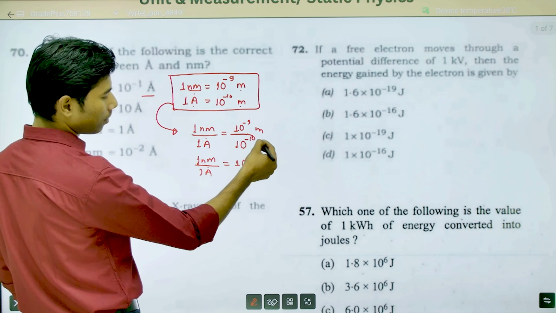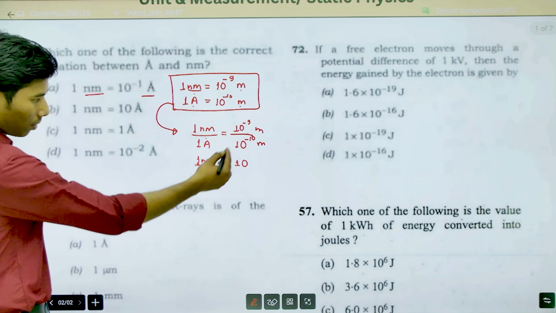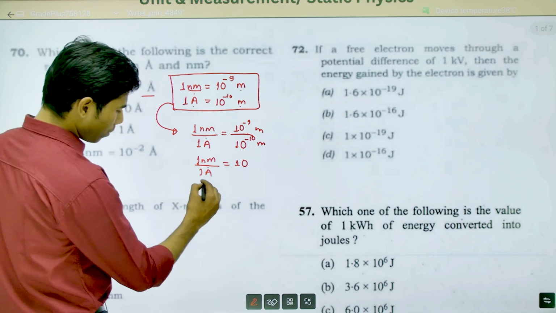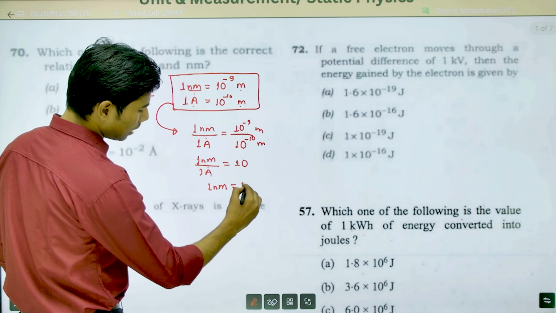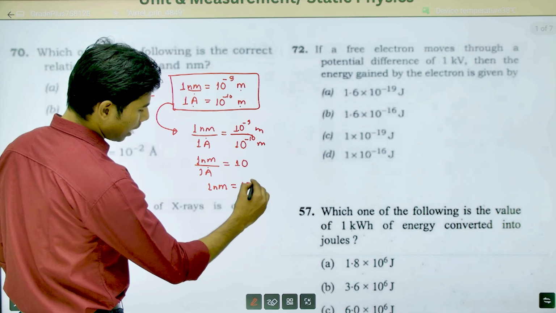It is a simple calculation. So 1 nanometer is equal to 10 angstrom. That is the relation between nanometer and angstrom, so option B is the right answer.